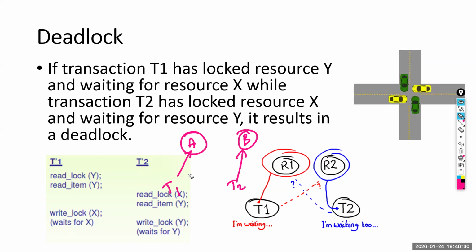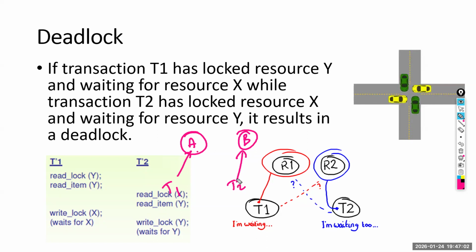Now transaction one tries to lock B, because maybe the second task is something to do with B, but it's not yet released. At the same time, transaction two's next task is something to do with A. Now T2 is waiting for the release of A, locked by T1, and T1 is waiting for the release of B, locked by T2.